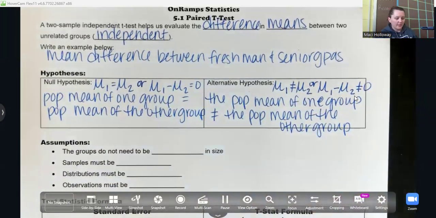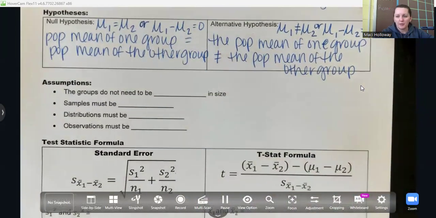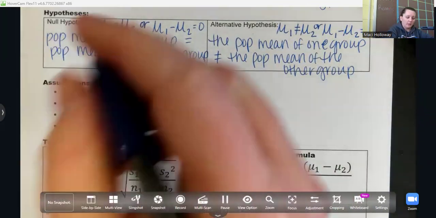All right, so let's talk about assumptions here. Sometimes we can get a little bit mixed up with assumptions, and we need to make sure that our assumptions are met, that way, when we conduct our t-tests, we're getting correct information. One thing that we would think would not be true, but actually the groups do not need to be equal in size.